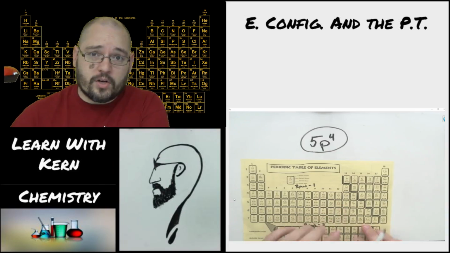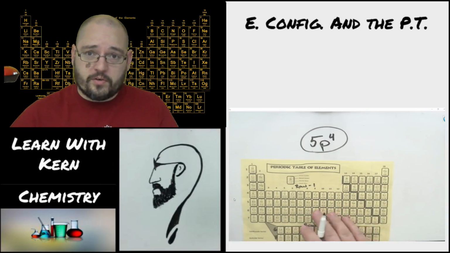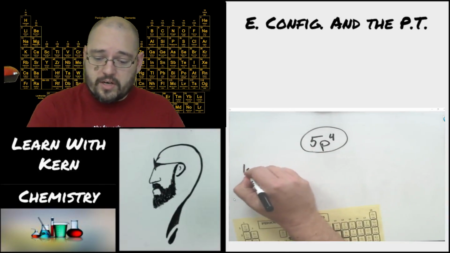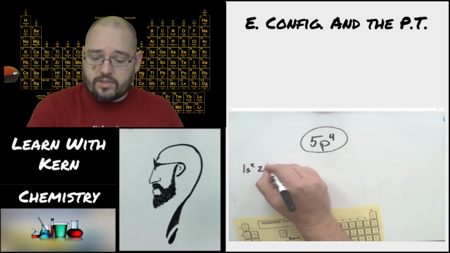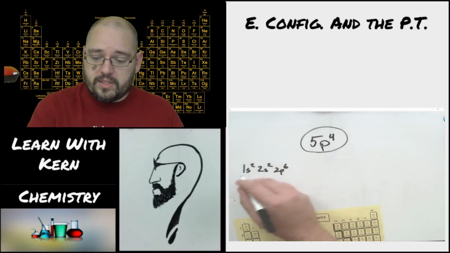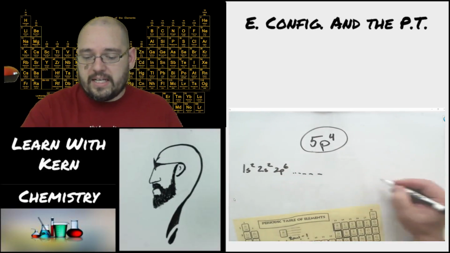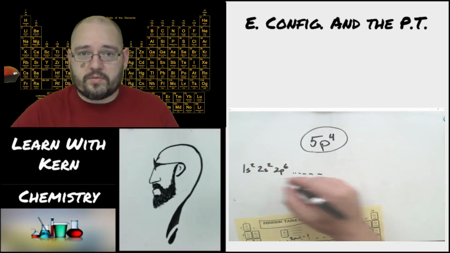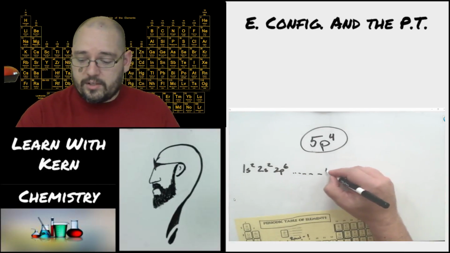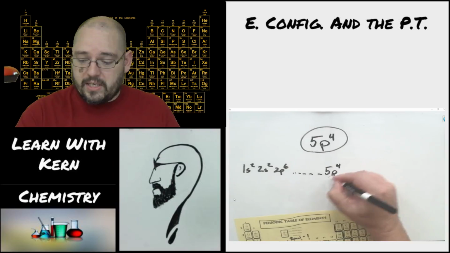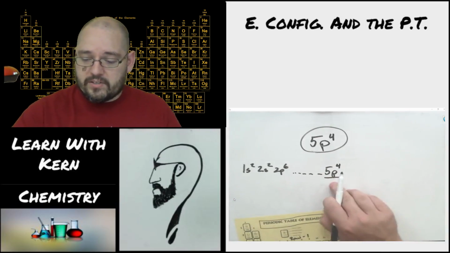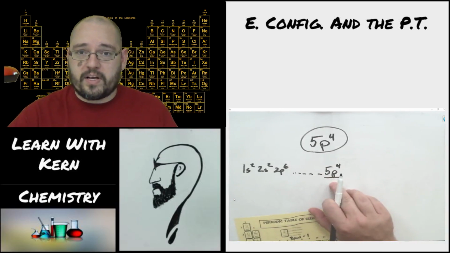So if I ask you to draw out the full electron configuration for tellurium, you're going to start at 1s, and you'll do 1s2, 2s2, 2p6, and you just fill up everything. And you just write out the full electron configuration for all of it until you get to 5p4. Everything else here is full, and you stop at 5p4.